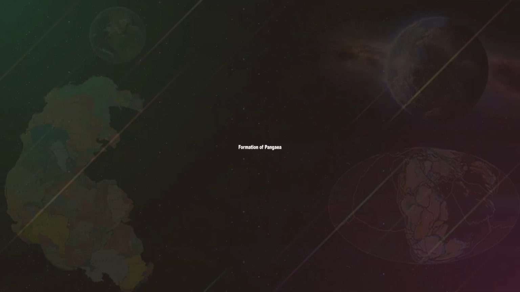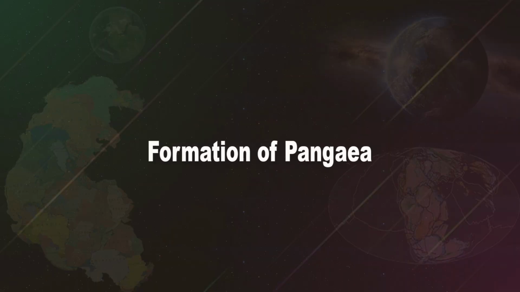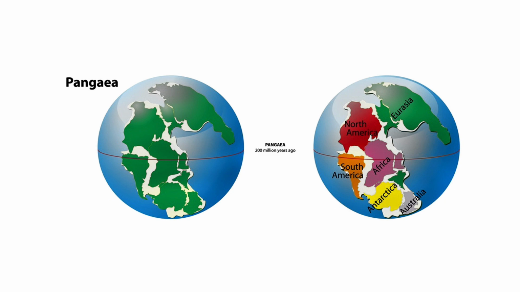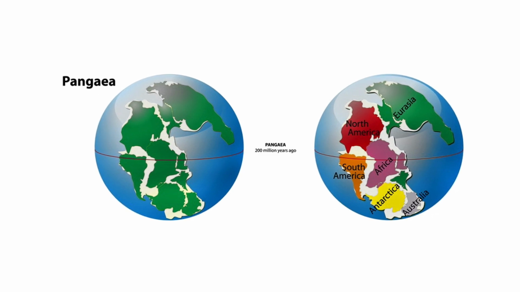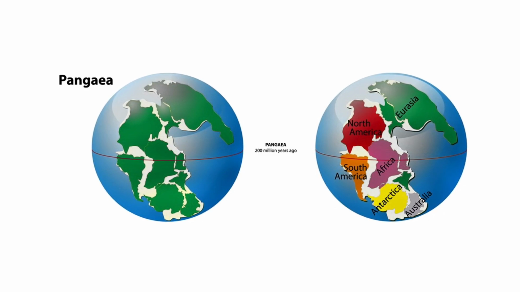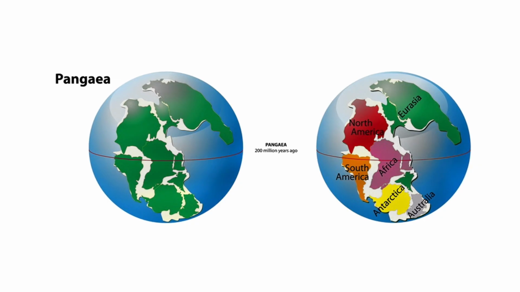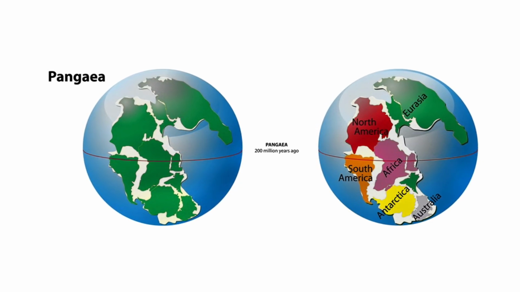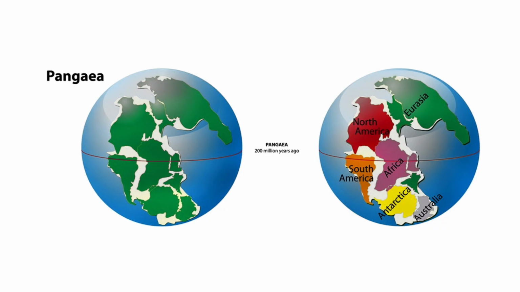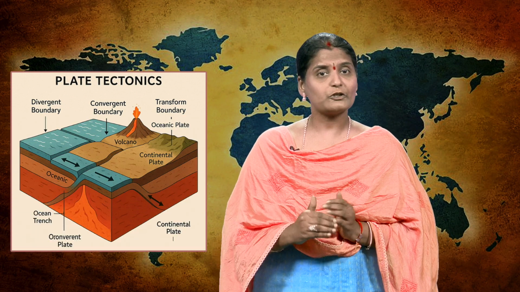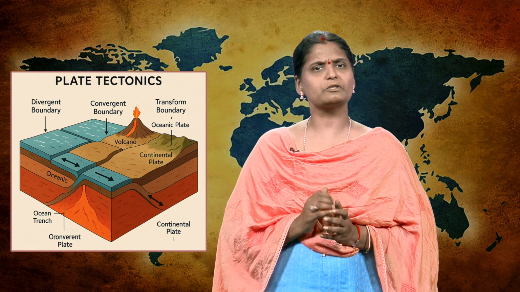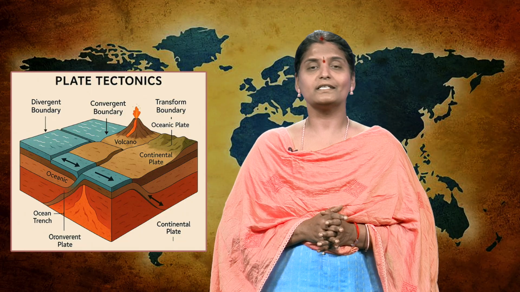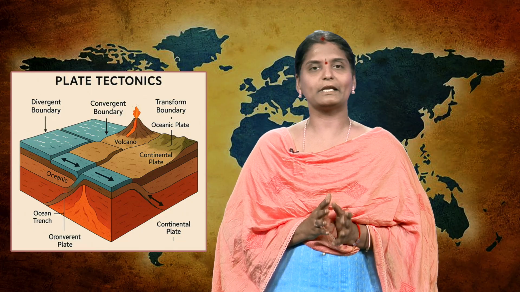Let us know about the formation of Pangaea. The formation of Pangaea was a long and complex geological process that unfolded over hundreds of millions of years, primarily during the late Paleozoic era. It involved the gradual movement and collision of smaller continental landmasses driven by the forces of plate tectonics.